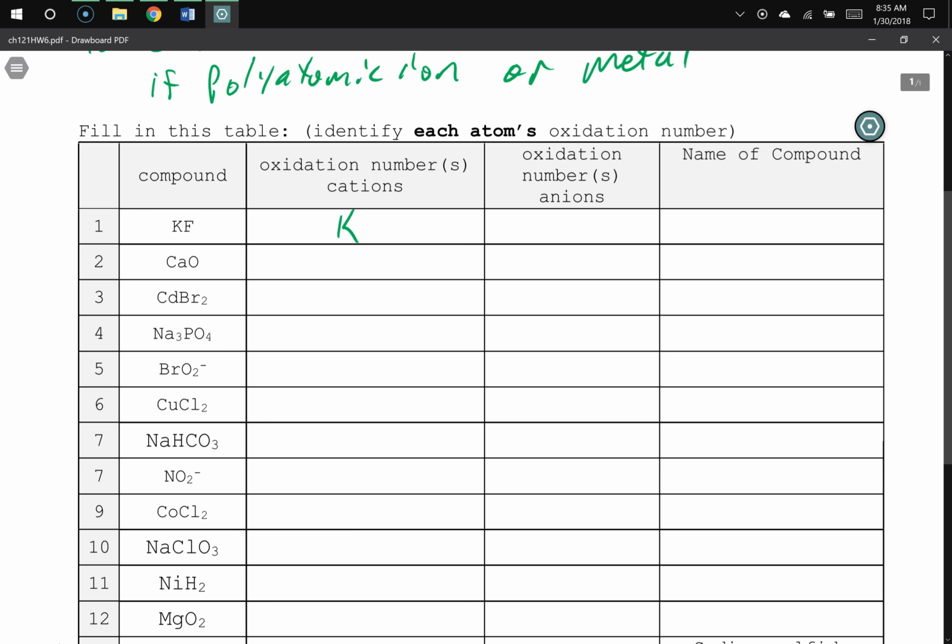And what's its charge? How do you know it's +1? Column 1. Because I know for a fact that potassium has no exceptions to the fact that it's a +1, so then the fluorine has to be the negative, and its charge has to be -1. It also has a rule that says its charge is -1, but it's double verification. And the name of this?